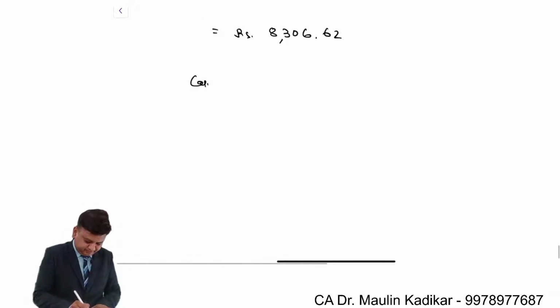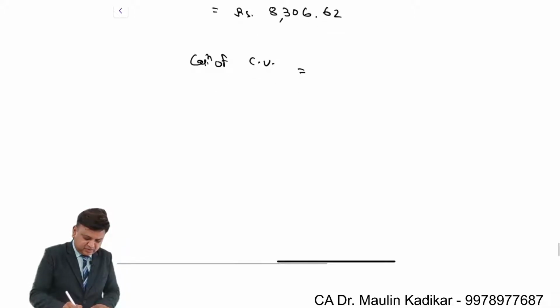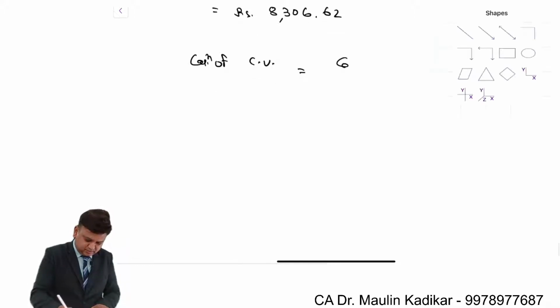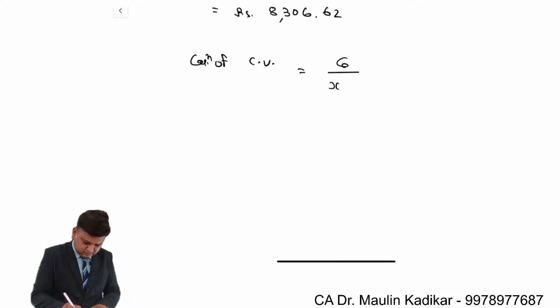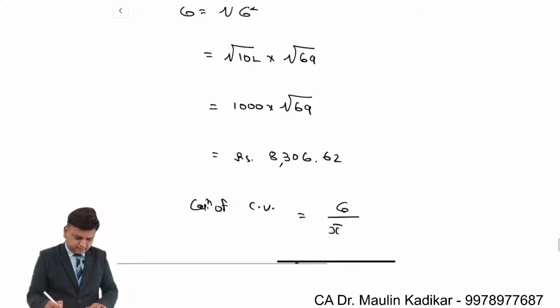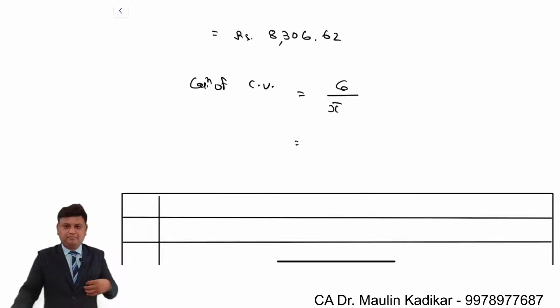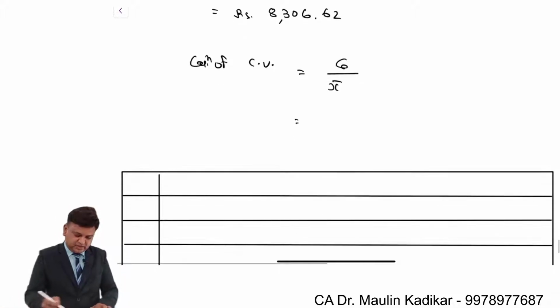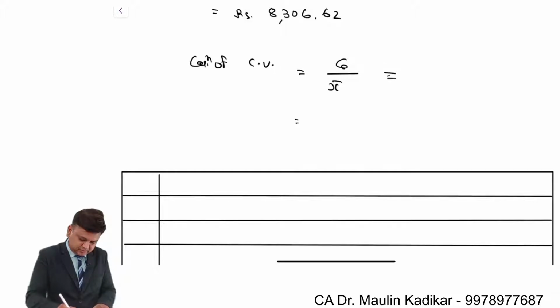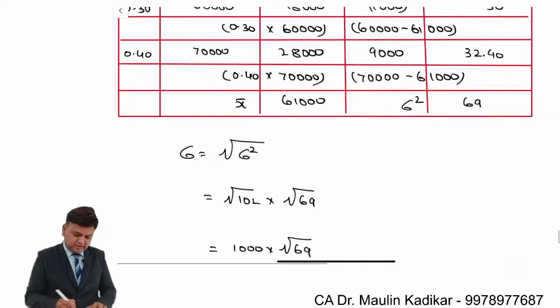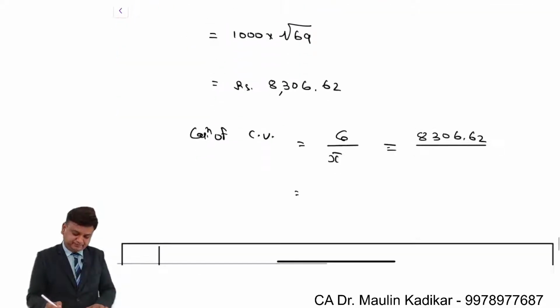Calculation of CV. It is calculated as risk upon return. So over here risk is 8306.62, that is the risk, divided by X bar, that is the cash flow, is 61,000.